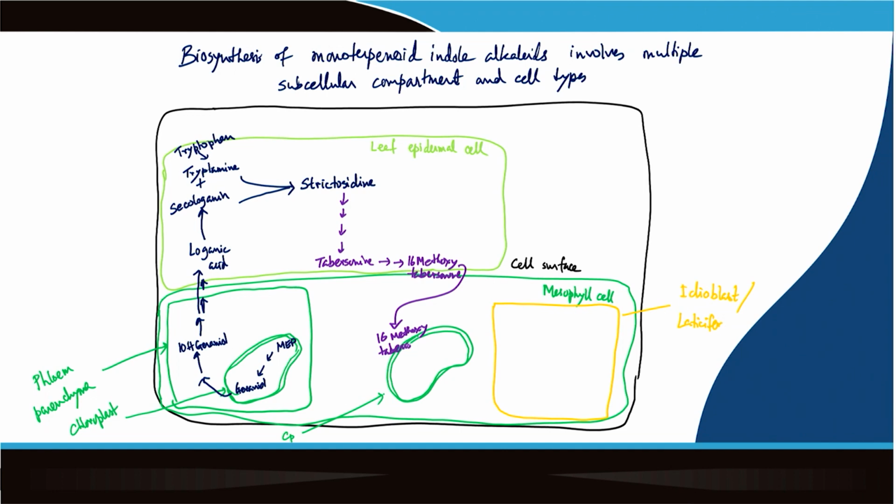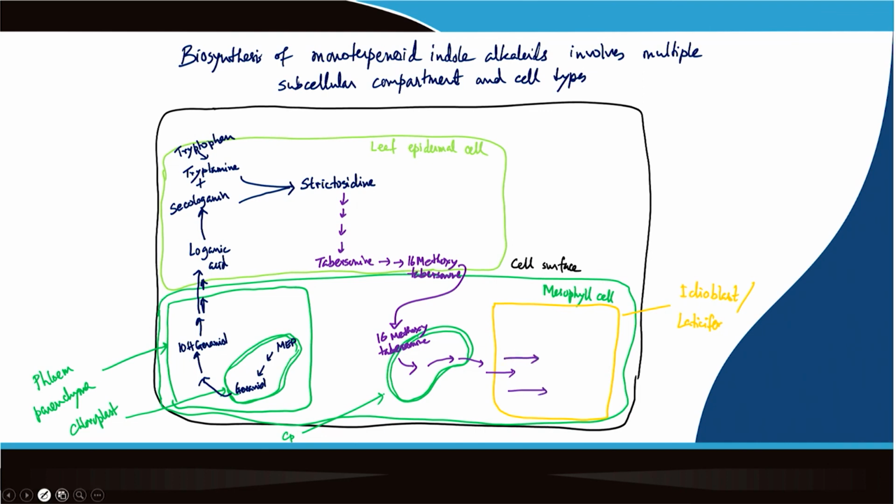and 16-methoxytabersonine enters into the chloroplast, and by the action of NMT it finally forms deacetylvindoline, and from here it moves to the idioblast and laticifer cells.